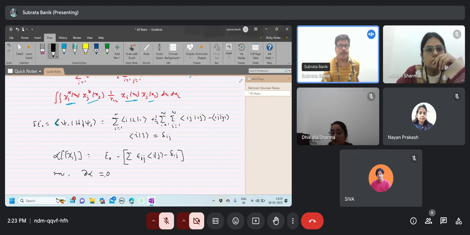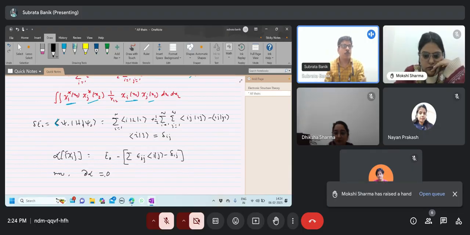That's the target, right? Basically what we do here is we have a function whose minimum we can't find. We change the function from the old form E0 to the new form L, and we are looking for a particular set of undetermined multipliers. We are going to find the set of ε_ij such that the minimum of E0 and the minimum of L are the same. That's why we call them undetermined.